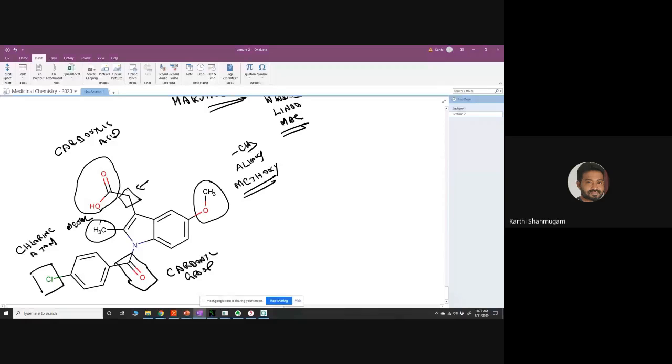Am I audible? Sir, your voice was stuck, so we weren't able to hear properly. Could you repeat? Okay, so this labeled part is visible for you, right? Yes, sir. Okay, so can you guess what is this functional group?